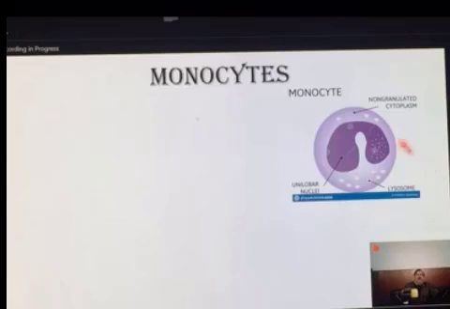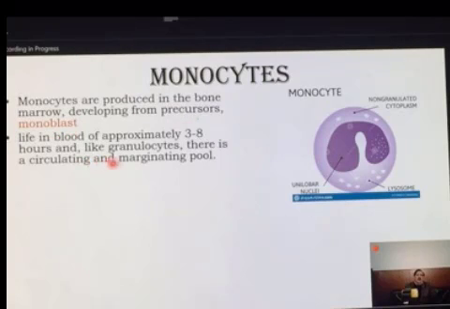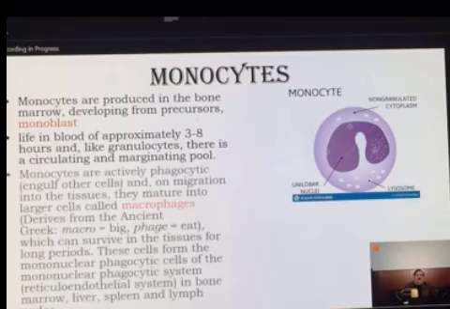Among the non-granular cells are monocytes, which are produced from the precursor monoblast. Their life in blood is 3 to 8 hours. When they are produced, they remain in the blood for 3 to 4 hours, and like granulocytes, there are circulating and migrating pools. So they circulate in the blood and they also go to the tissue.